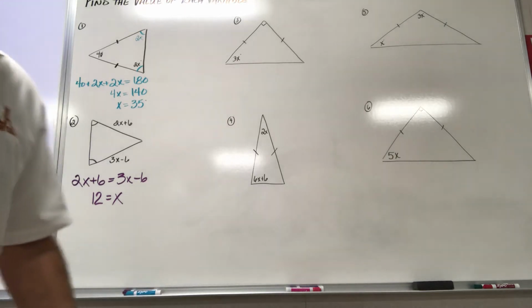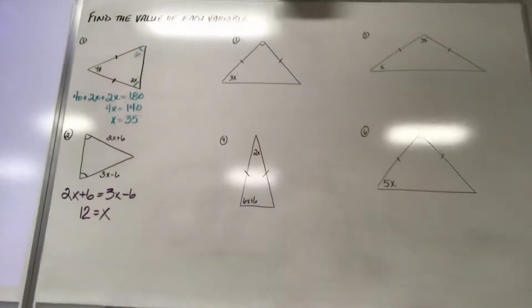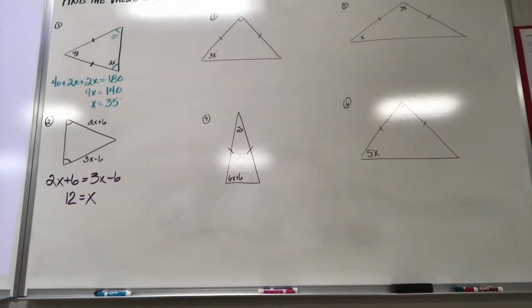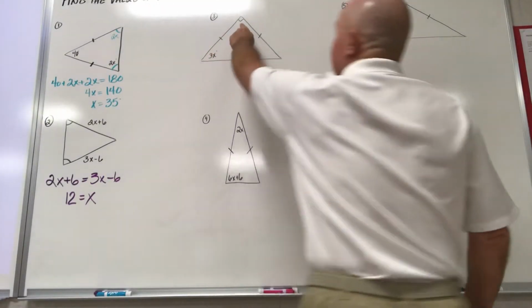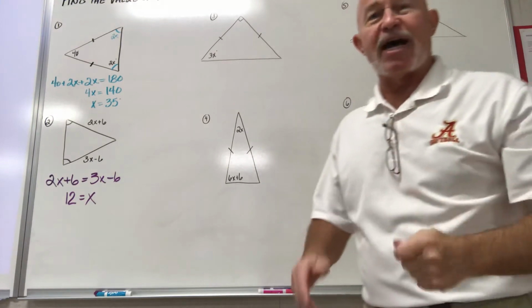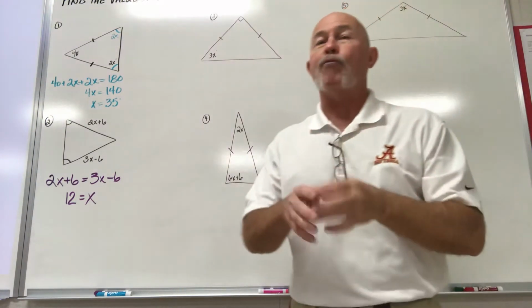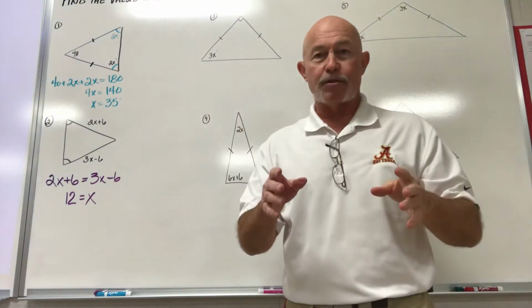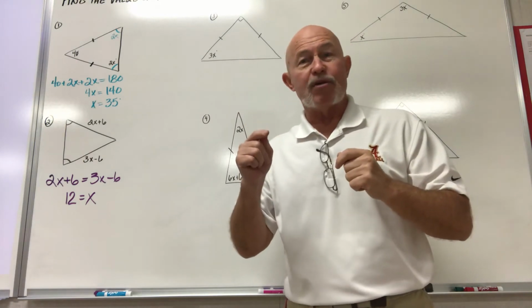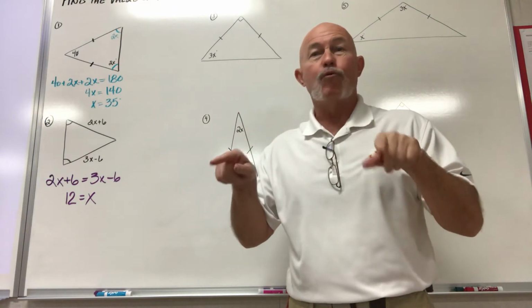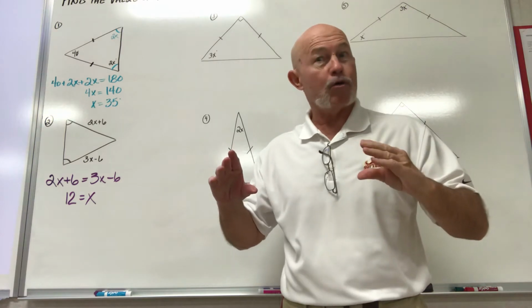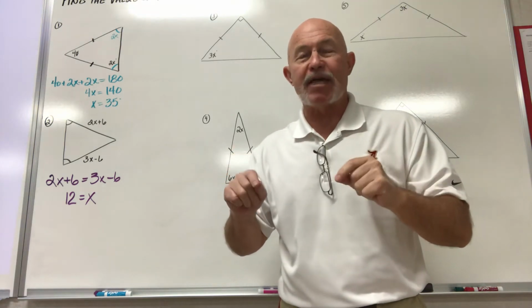Okay, next one up in the middle. Now on this one I've got 2 equal sides again, but this is an important part. The vertex angle is 90 degrees. Remember on right triangles, you've already got a 90-degree angle, so the 2 remaining angles are acute, and they add up to 90.